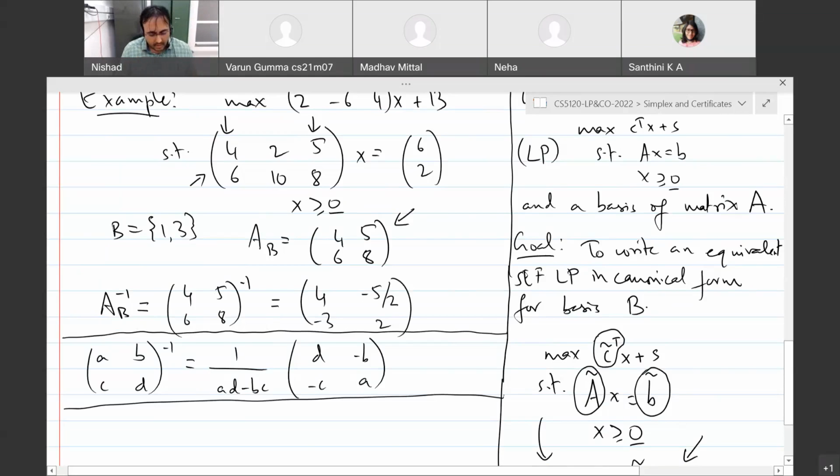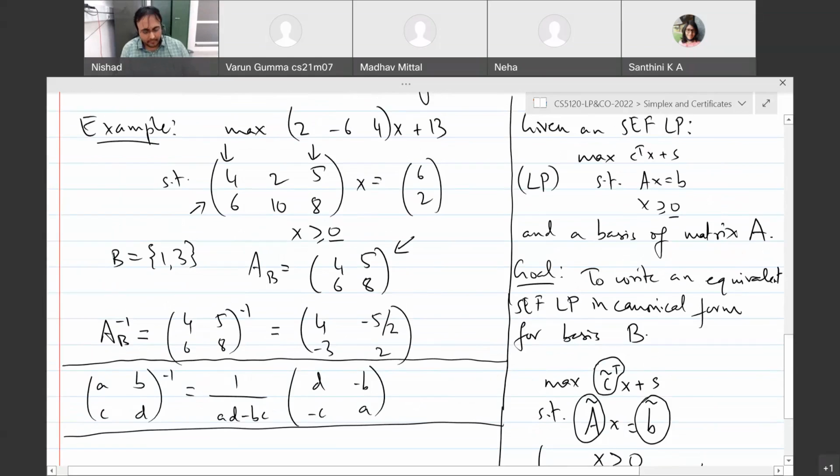So if we multiply both sides of Ax equal to b on the left by the inverse that we have written down, we will get the identity matrix in those two columns.